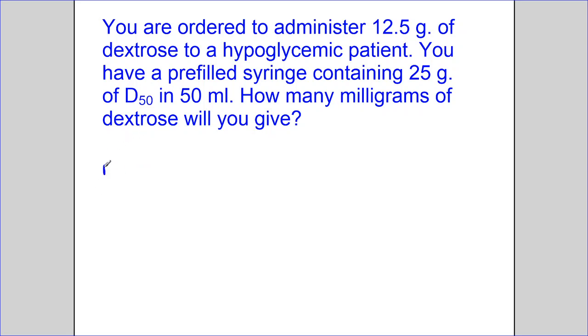So one, we have to have the desired dose. Let me get a different color pen to make it stand out a little bit.